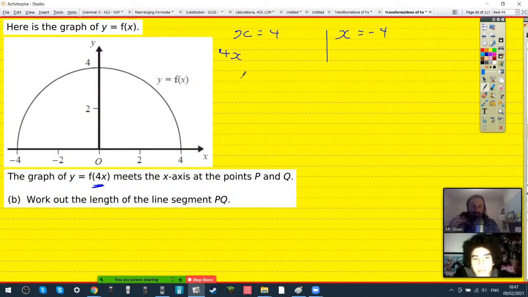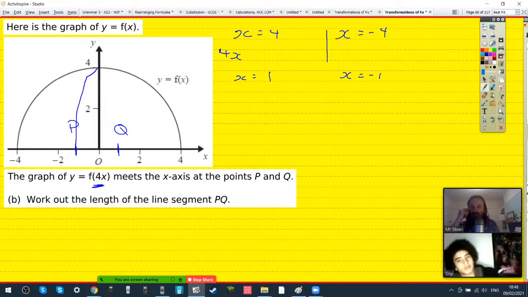Oh, okay. Yeah, that's correct. X equals 1. X equals minus 1. That's P. That's Q. What is the length of PQ? 2. Yep. And if we sketch the whole thing, it would look like that.